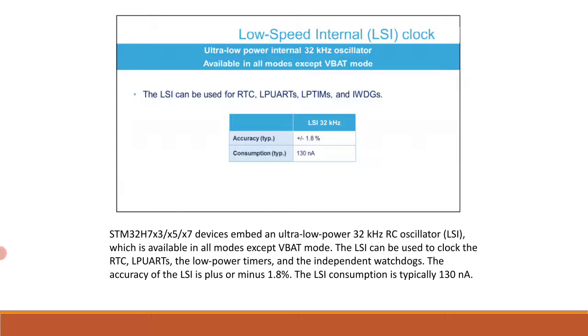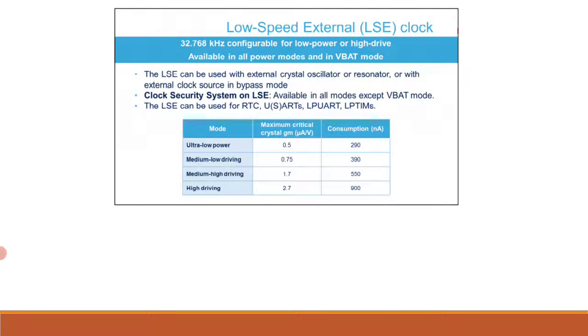Now the LSE, that is the low speed external clock. The 32.768 kilohertz low speed external oscillator can be used with an external quartz or resonator or with an external clock source in bypass mode. The oscillator driving capability is programmable. 4 modes are available from ultra low power mode with a consumption of only 290 nanoamps to high driving mode.